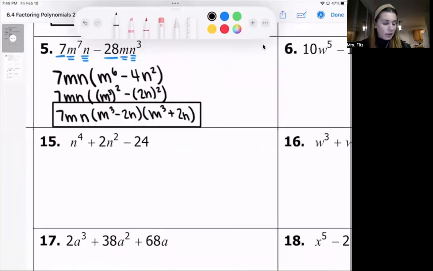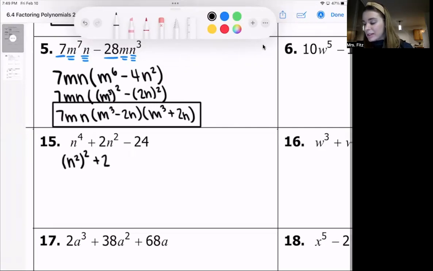Now this one looks tricky, but let's just do a little bit of a substitution to make this look like a quadratic. Okay, so here's a little trick we're going to play. We can rewrite n to the 4th as n squared squared, okay? So it's n squared squared, 2 times 2 is 4, right?